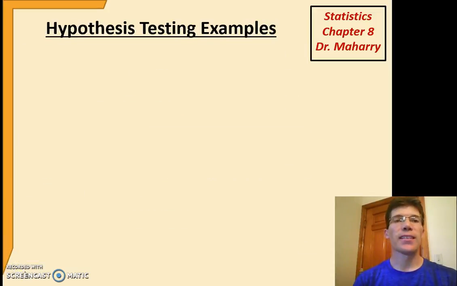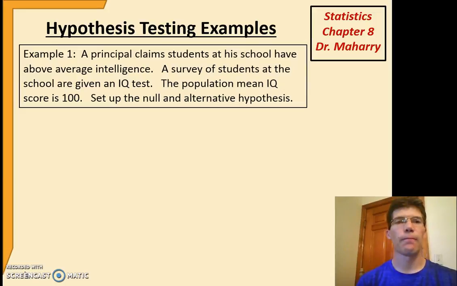So let's look at some examples of hypothesis testing, setting up the null and alternative. So suppose a principal claims students at his school have an above average intelligence. So he takes a survey of students at his school and gives them an IQ test. From previous experience, if you know anything about IQ tests, they're standardized tests and the mean is around 100.